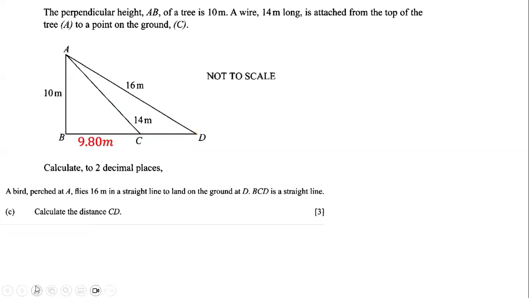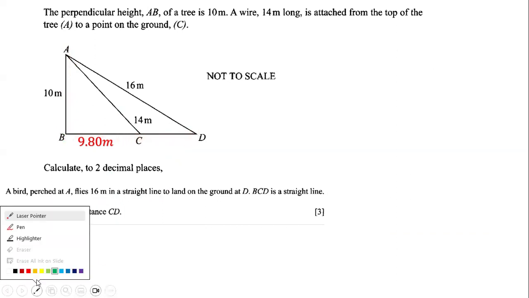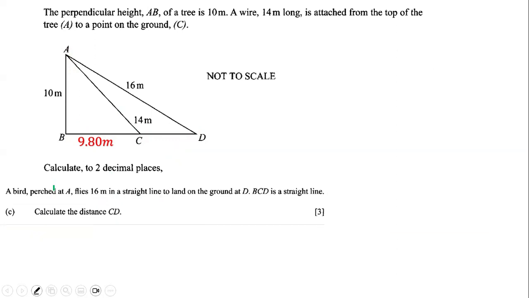And so now we're going to look at this big right triangle. Let me highlight it. So we have AD, we have this right here, and we have this.